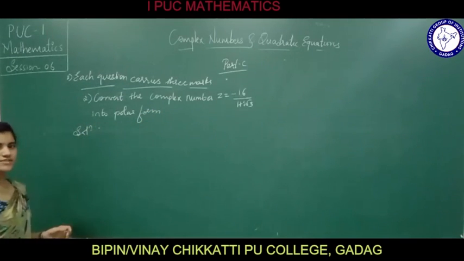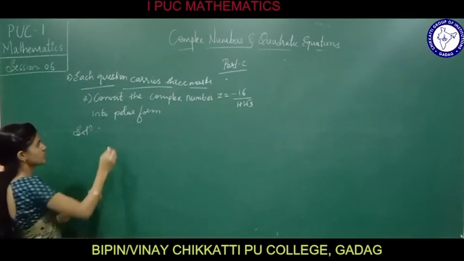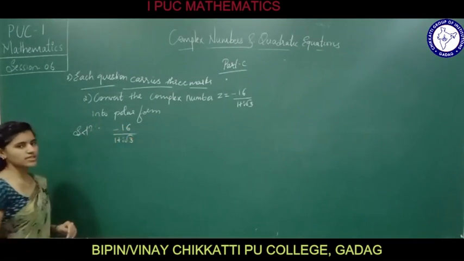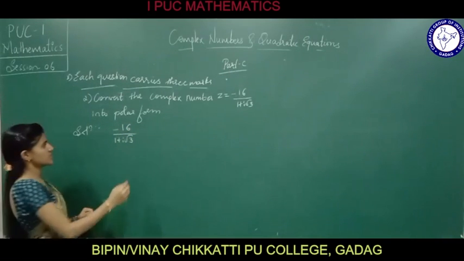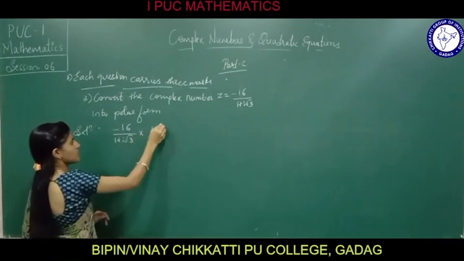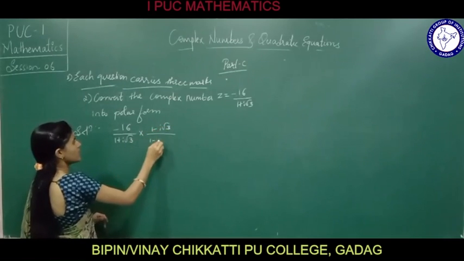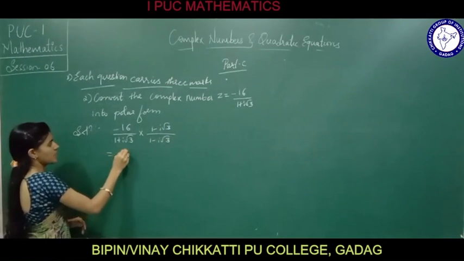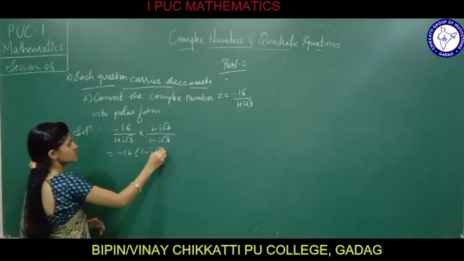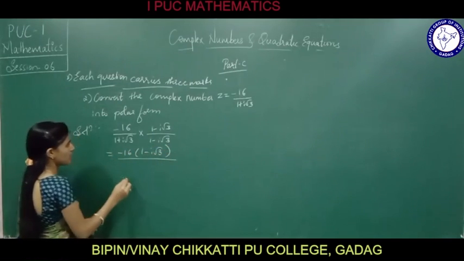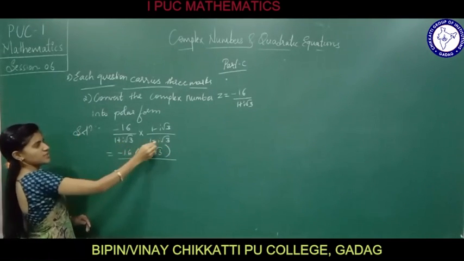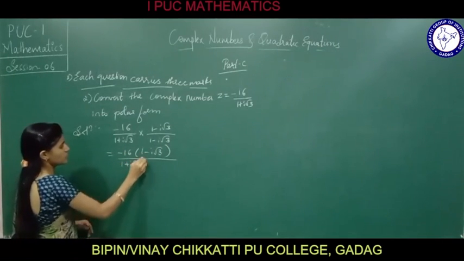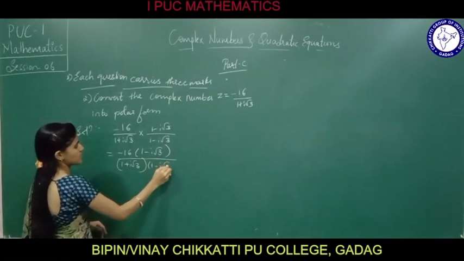Now let us first rationalize the denominator, okay? Minus 16 divided by 1 plus i root 3, multiply and divide by its conjugate, that is multiply by 1 minus i root 3 and divide by 1 minus i root 3. What we are going to get? It is minus 16 into (1 minus i root 3) divided by (a plus b) into (a minus b), a square minus b square, no, that is (1 plus i root 3) into (1 minus i root 3).